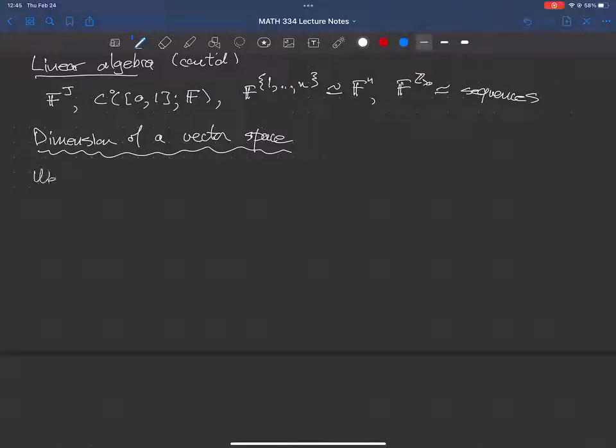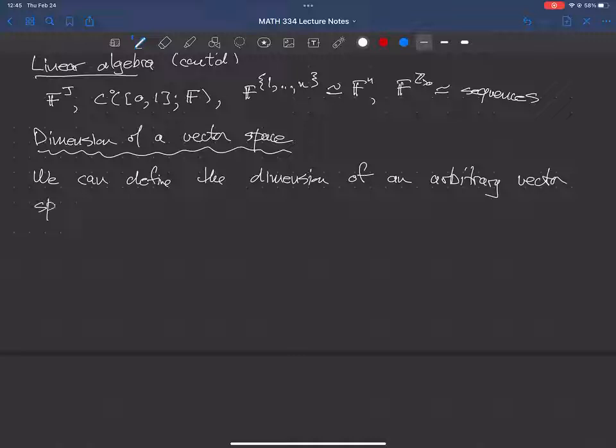So we can define the dimension of an arbitrary vector space as the number of elements in any basis.